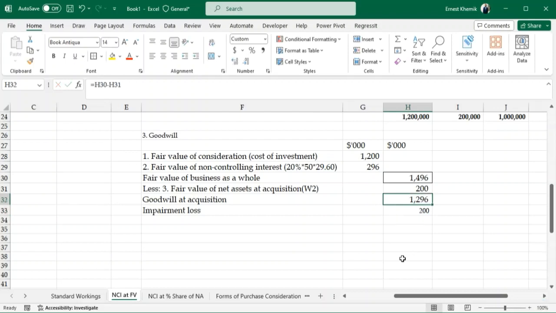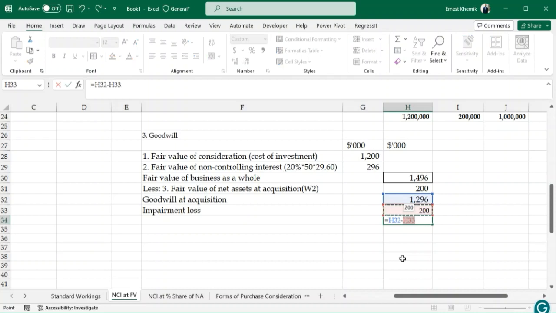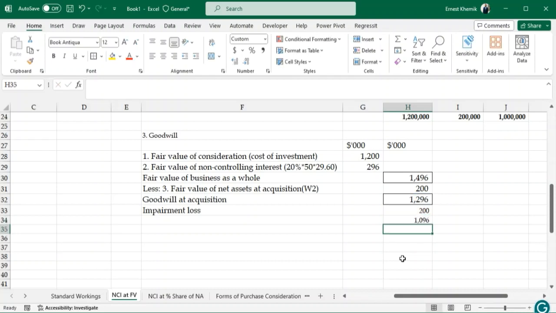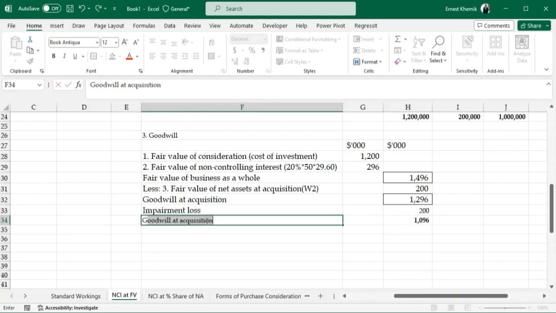The difference between the goodwill at acquisition minus the impairment loss gives us this particular figure, which we are calling our goodwill at reporting date.